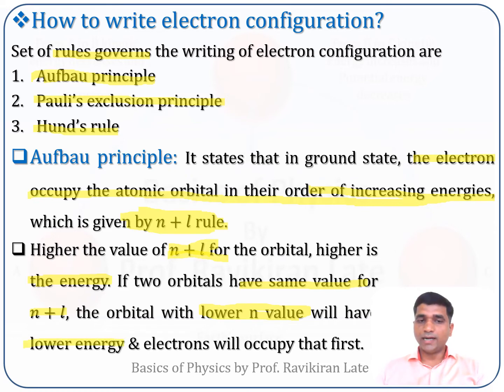So if the addition of the principal quantum number and the orbital quantum number for given orbitals comes out to be the same, then the orbital which has the lower value of n will be lower in energy, so the electron will occupy that orbital first, and then it will move to the next orbital.